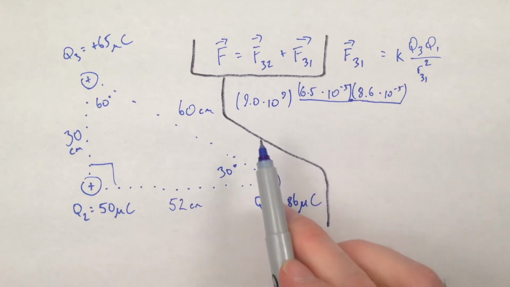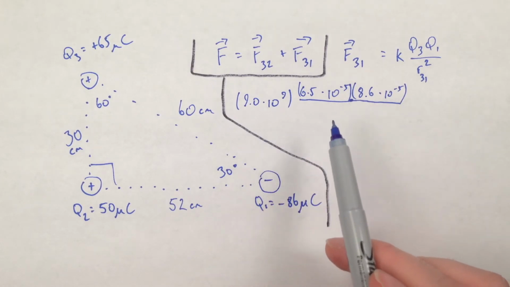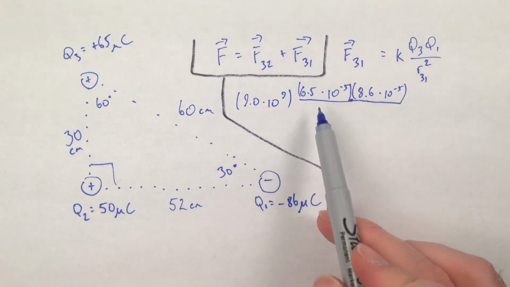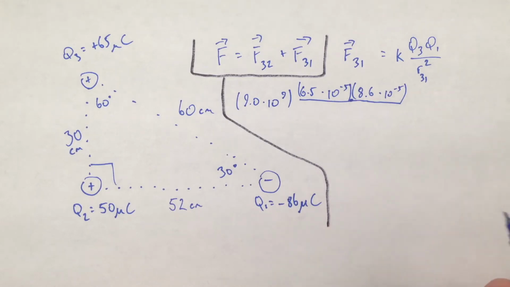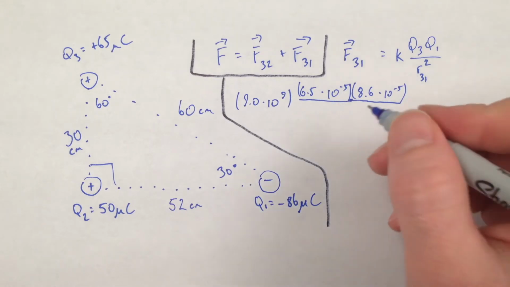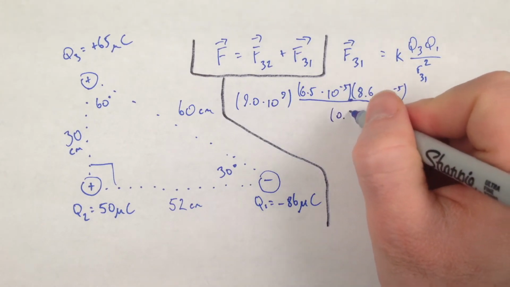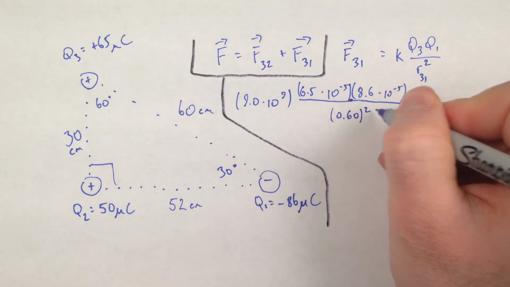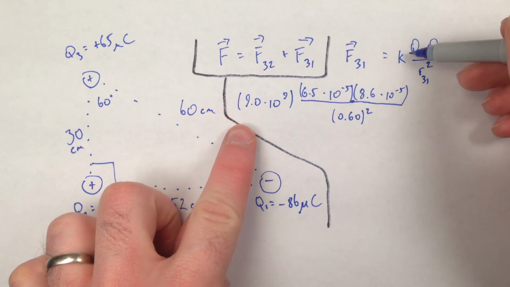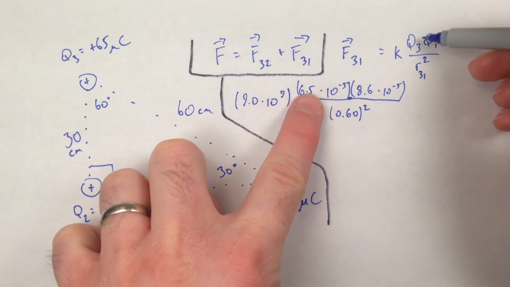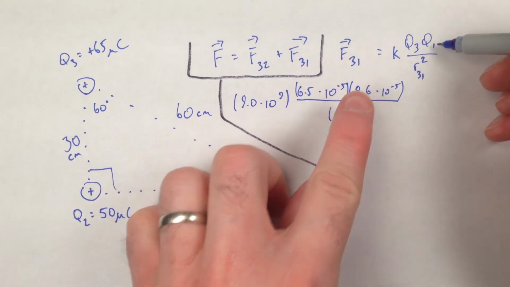So we've got K, Q3, Q1, and we need to put R squared in the bottom. So just to be clear, there's K, Q3, Q1, R squared.